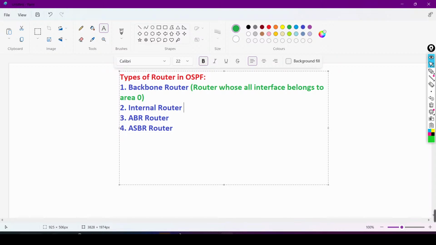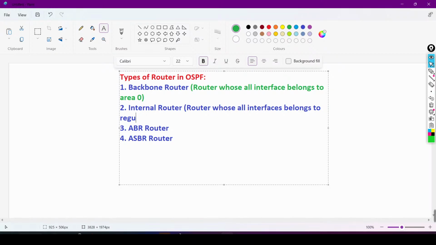After that, internal router. So a router whose all interfaces belong to a regular area. Regular area means any area except area 0.